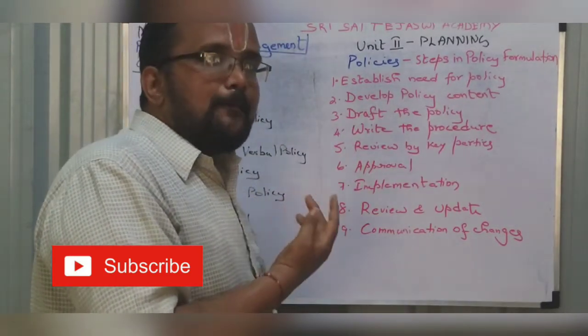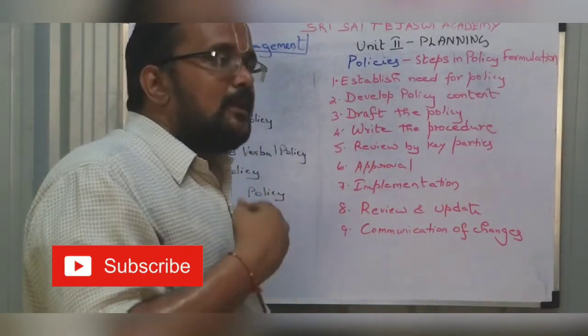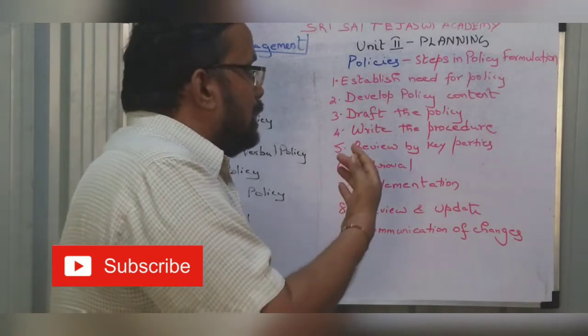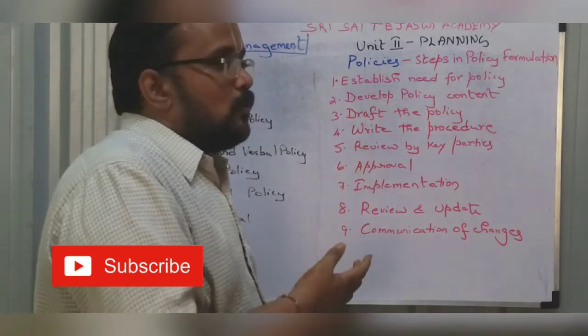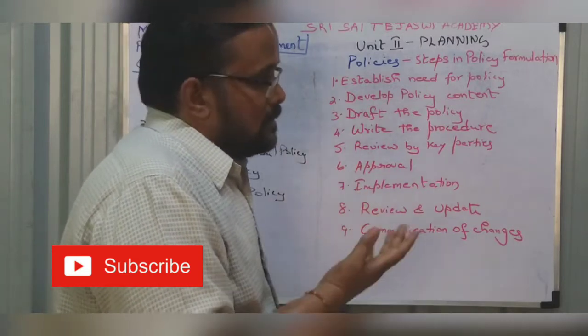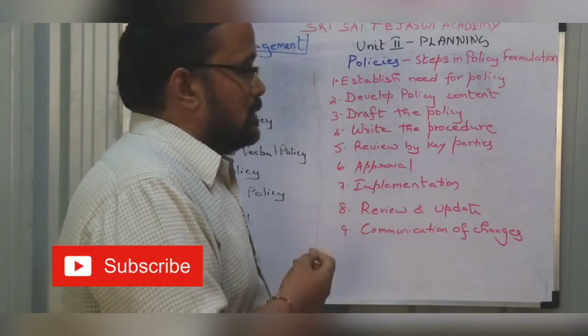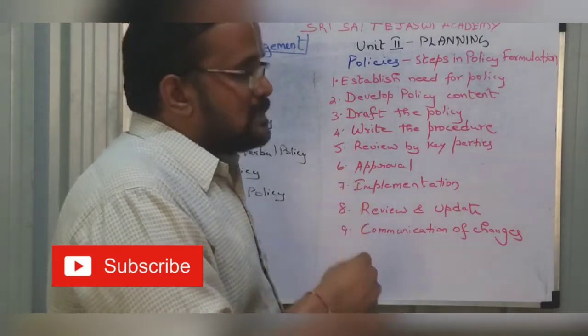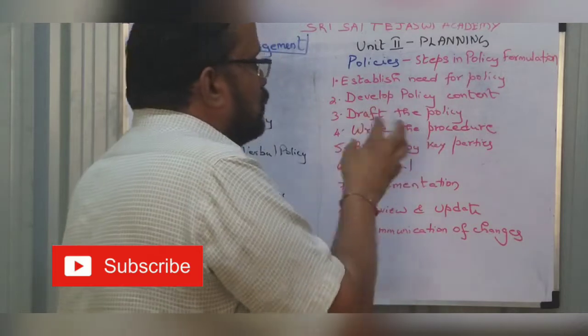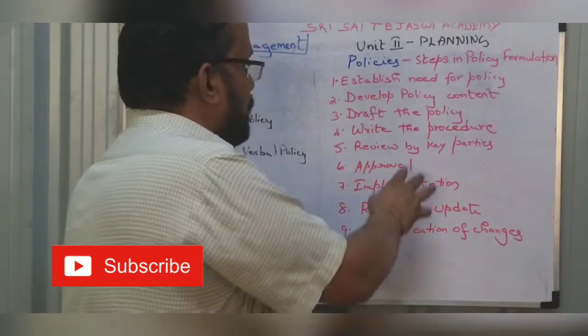Then review by key parties. So once the policy is formulated, it has to be reviewed, it has to be sent to concerned stakeholders. So stakeholders means customers who are invested in shares. They are the stakeholders. CEO, various top level managers. So they have to actually evaluate and review the policy.